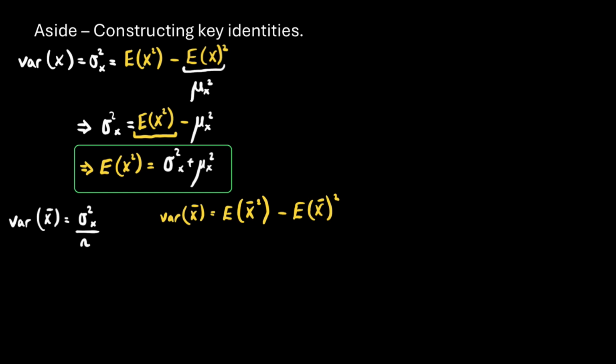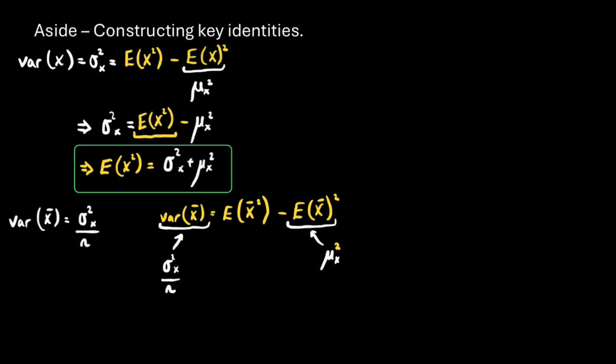Now we know that if the observations are randomly sampled from the population and are independent and identically distributed, then this expectation of x bar is equal to the expectation of x. And so this whole expectation of x bar, squared, will be mu x squared. We know that the variance of x bar is equal to sigma squared x over n.